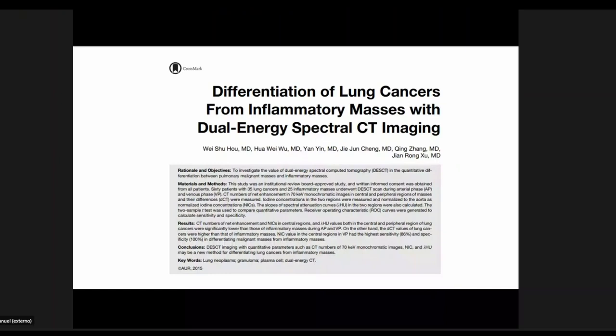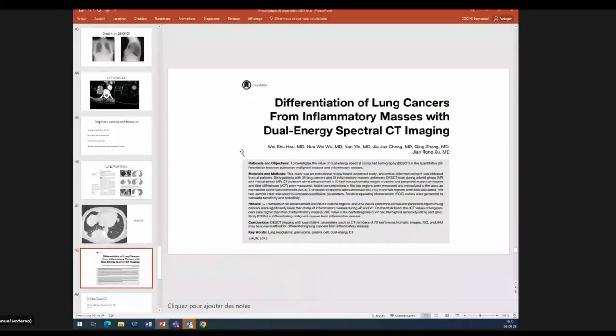If it's a low-grade tumor, it will take more iodine than the very aggressive tumor. But there are some overlaps. It needs more work on that. But there are some interesting findings: more iodine uptake in inflammatory tumors compared to malignant tumors in general, but some overlap. Okay, thank you very much.